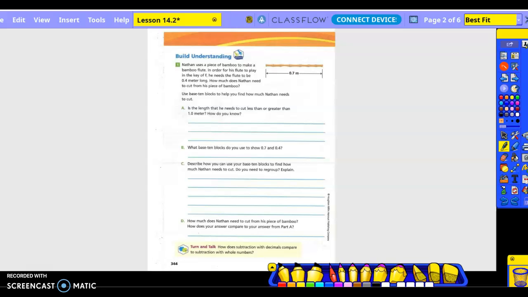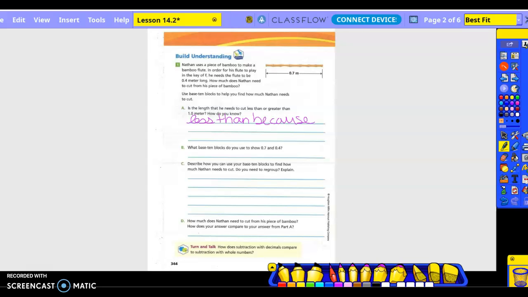So is the length that he needs to cut less than or greater than 1 meter? How do you know? Less than, right? Because we're going to do what? Are we going to add or subtract? We're going to subtract, and both of those original numbers are already less than 1, right?